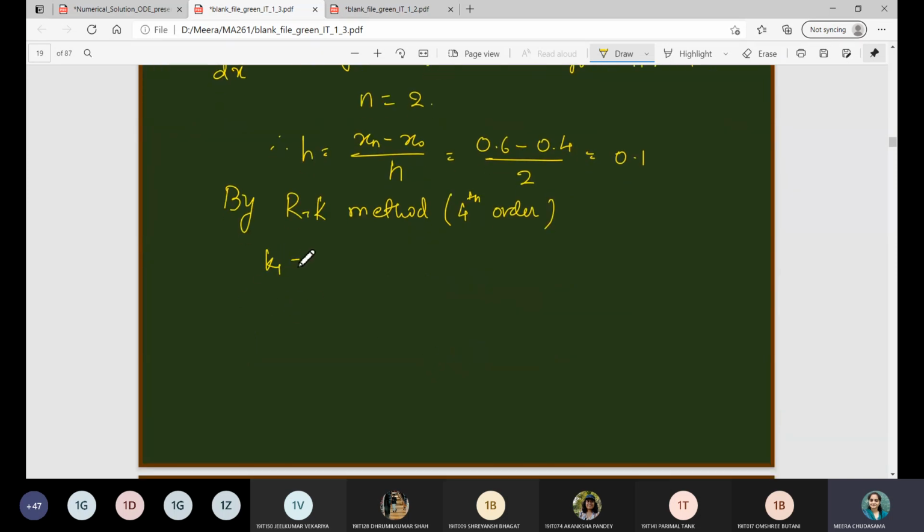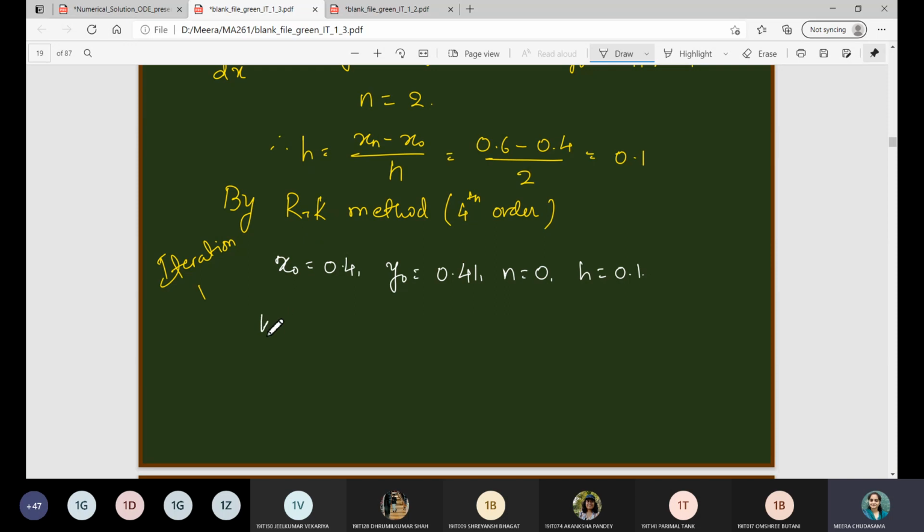So K1 is equal to h f. In the first iteration, let me write that quantity first, then I will start computing it. So in iteration 1, x0 is 0.4, y0 is 0.41, and h we have to consider 0.1.